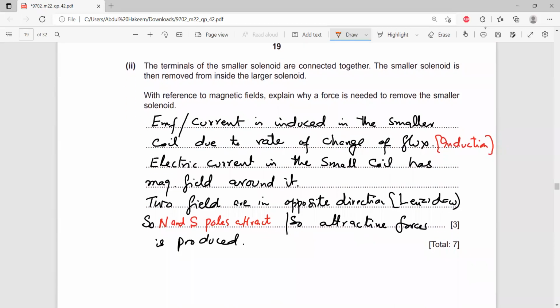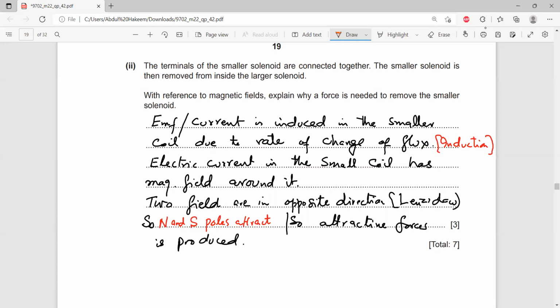So definitely we have to do some work to overcome the attraction between the north and south poles of the two coils. That's why a force is required to remove the smaller solenoid: the smaller is attracting the larger one and the large is attracting the small one due to the opposite polarity.